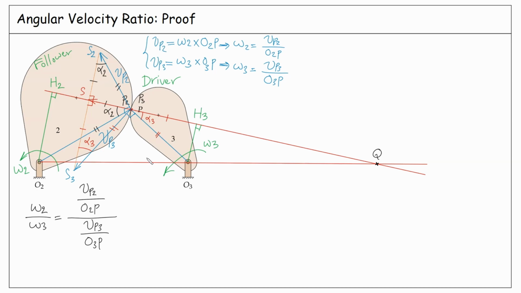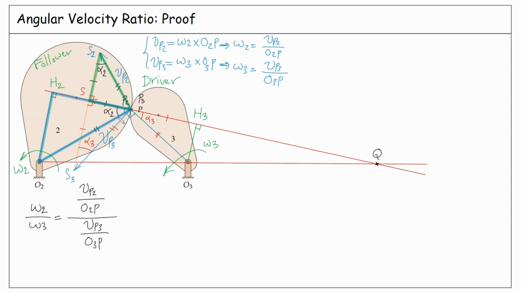Let's focus on this triangle, the triangle SPS2. It has a right angle here and an alpha 2 angle here. Now let's think of this triangle, the triangle H2O2P. It has a right angle here and an alpha 2 angle here.